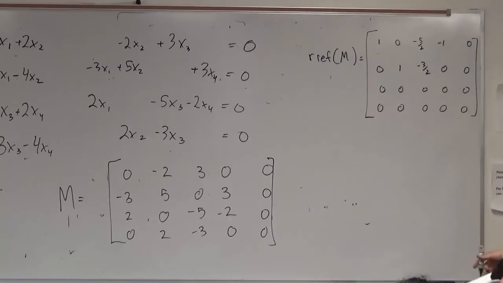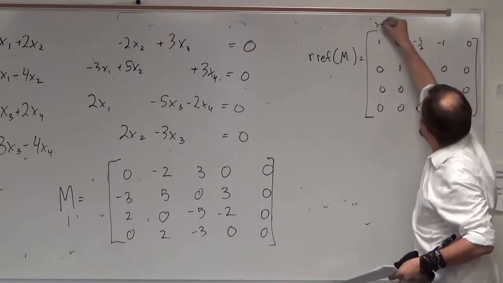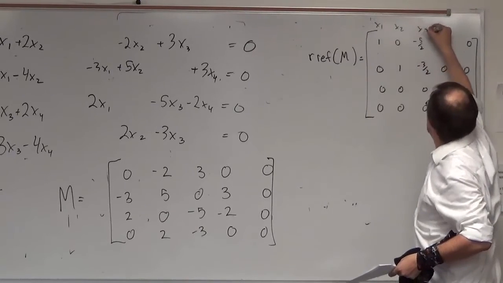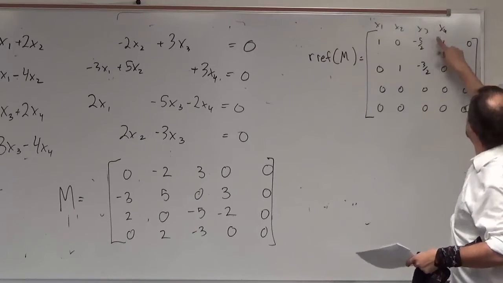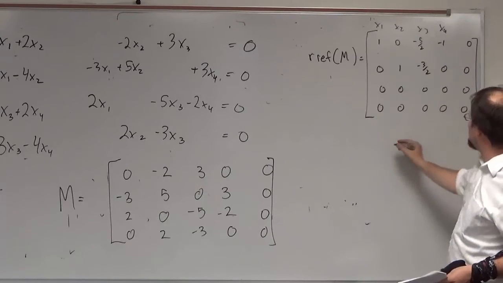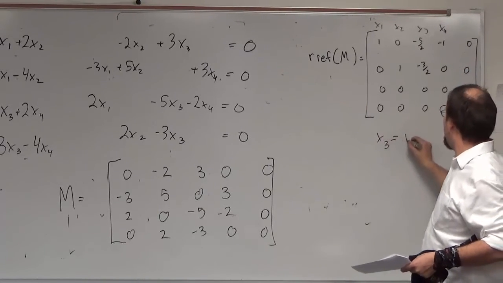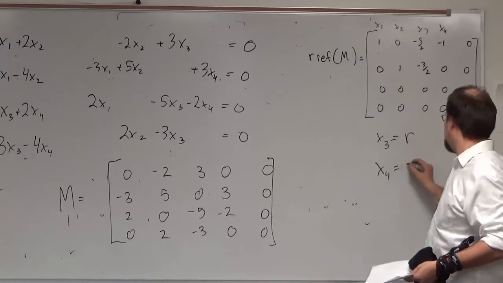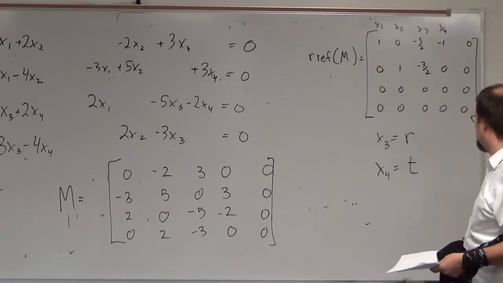And here I would let the free variables, those are the ones that correspond to columns with no leading entries, x3 and x4, be some real numbers, r and t.